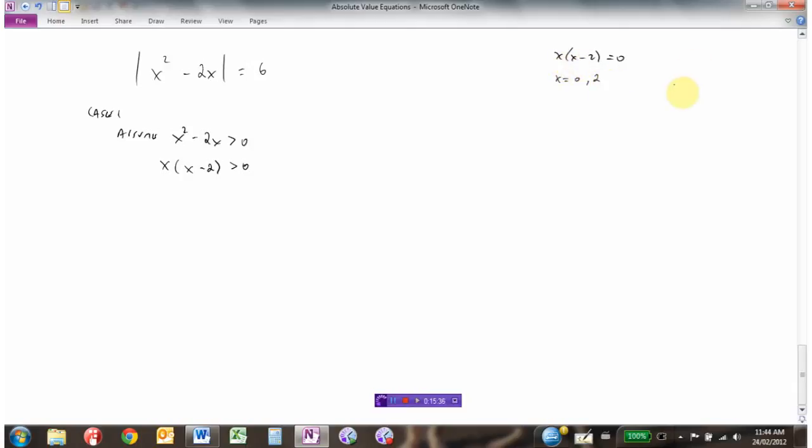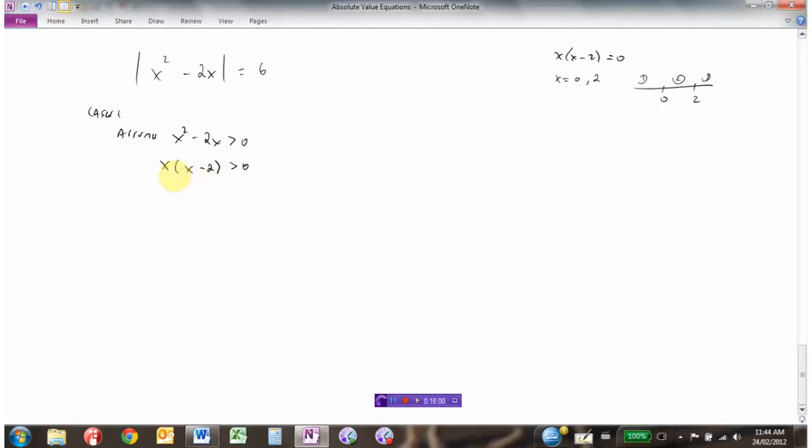Now we can analyze what happens to our function when we try points in each region: here's region 1, here's region 2, here's region 3. In region 1, if we pick a number less than 0, say negative 3, that's a negative, and negative 3 minus 2 is negative 5.